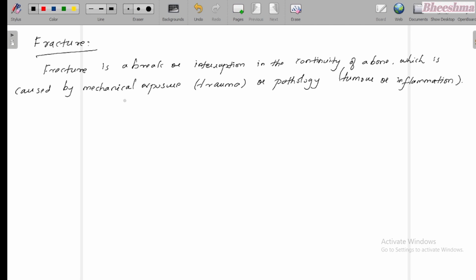First, definition of fracture. Fracture is a break or interruption in the continuity of a bone which is caused by mechanical exposure, trauma or pathology, tumor or inflammation. Next, about signs of fracture.